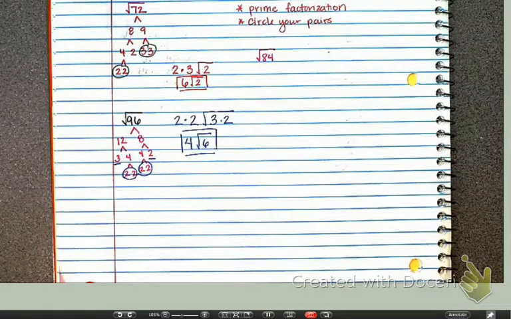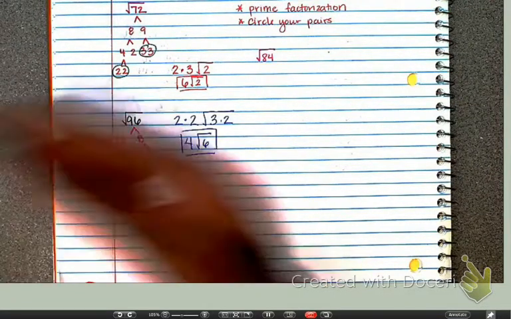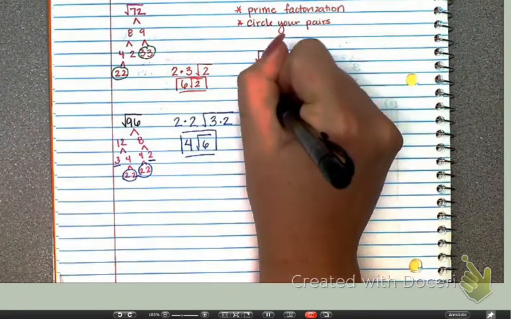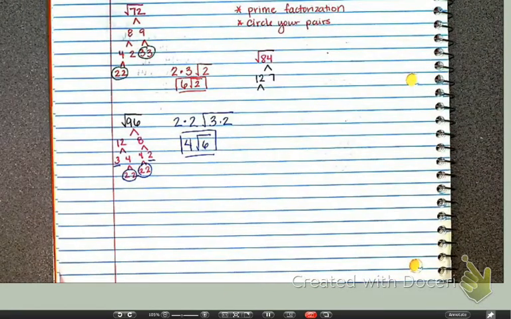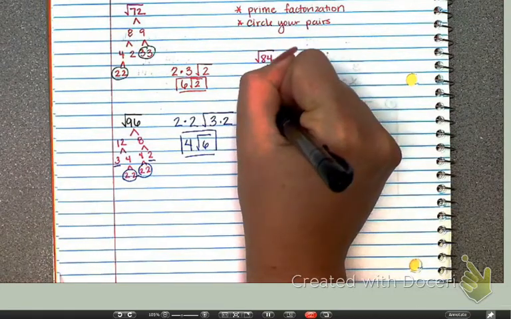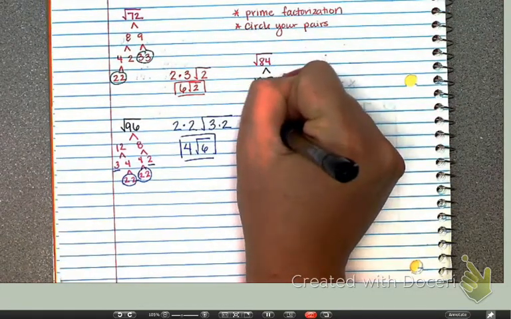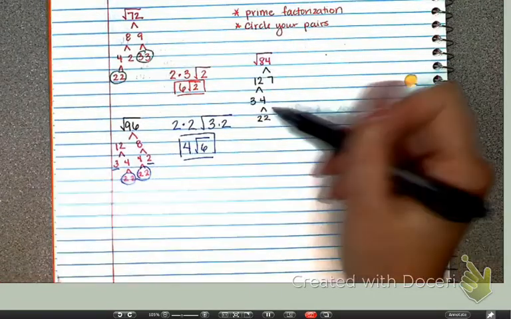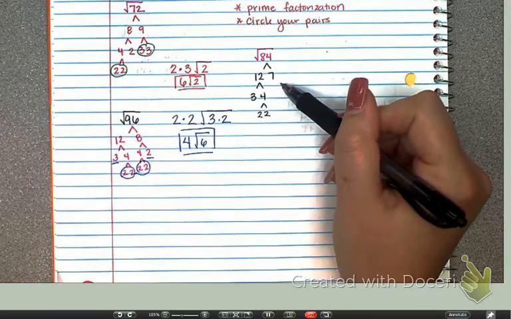All right, what two numbers break down to 84? 12 and 7, okay. And then you're breaking 12 down. If you did what? 4 and 21? That's fine. You're going to get the exact same answer. Because you should have a 3, 2 2s, and a 7 at the end, right? Yep.